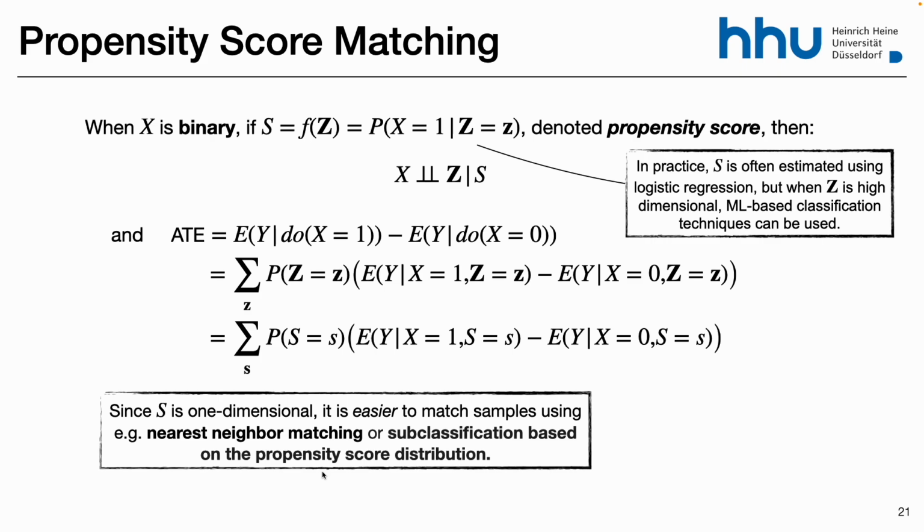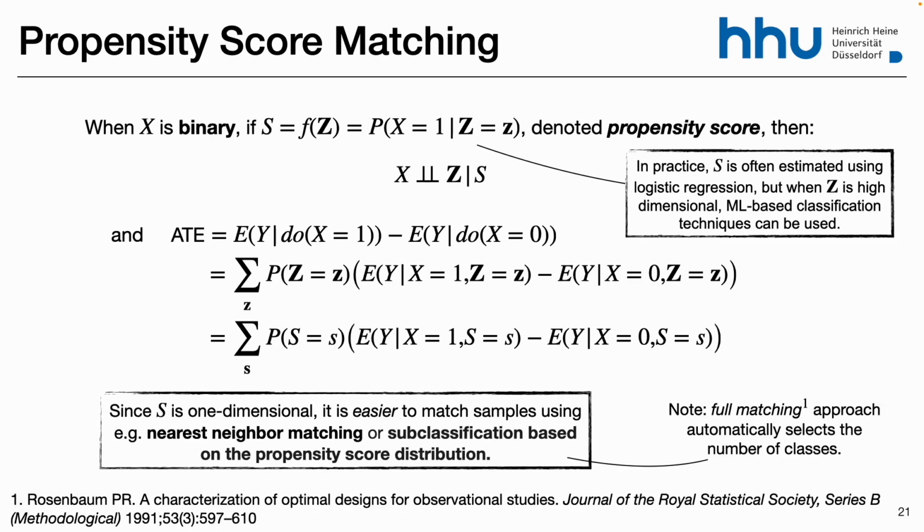You can compute the quantiles of this distribution and discretize it, and then see the people that are in the same quantiles. That is one method called full matching, which automatically finds the optimal number of classes to categorize the propensity score. That's a paper I found interesting.